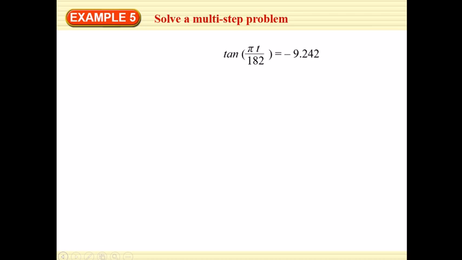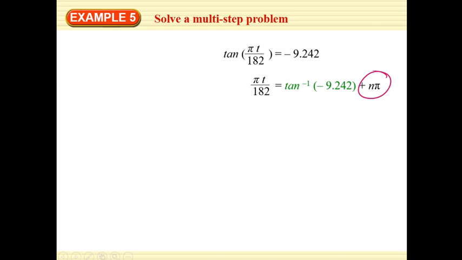Alright, so now I've got the tangent of some angle equals a value. So in order to actually find the measure of this angle, I take the tangent inverse of both sides. When I do that, I get pi t over 182 equals the inverse tangent of negative 9.242. And then they add on plus n pi, because tangent is cyclical and it repeats after a period of pi.